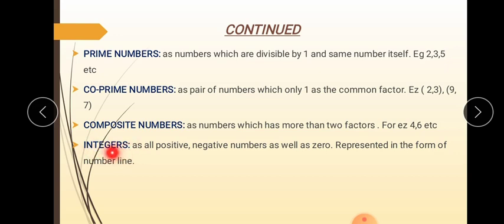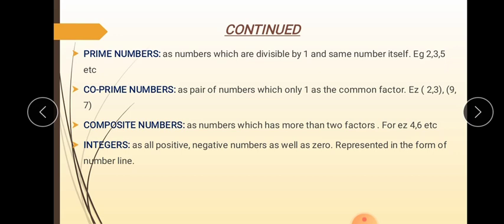And the last one is integers. All positive numbers, all negative numbers, as well as zero. So all these numbers together are called integers. Integers can be drawn in the form of a number line. You have studied the number line in the previous classes, in 7 and 8.